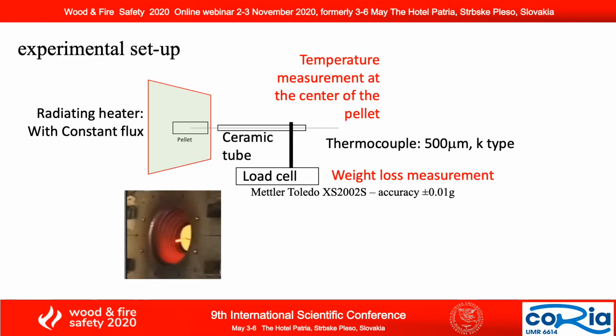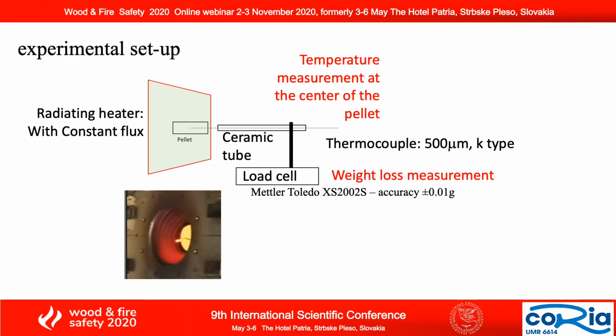The radiating heater consists of electrical resistances which deliver high heat flux to any object located inside. The pellet is sustained inside the radiating heater with the thermocouple located at the center.